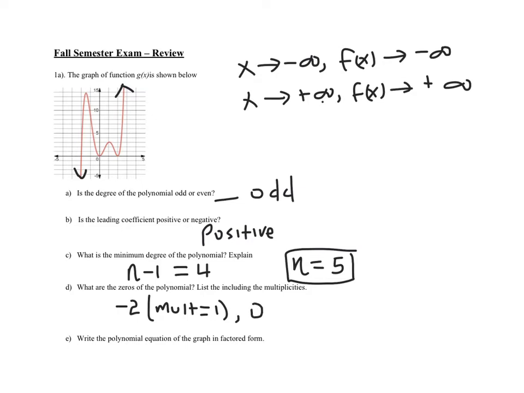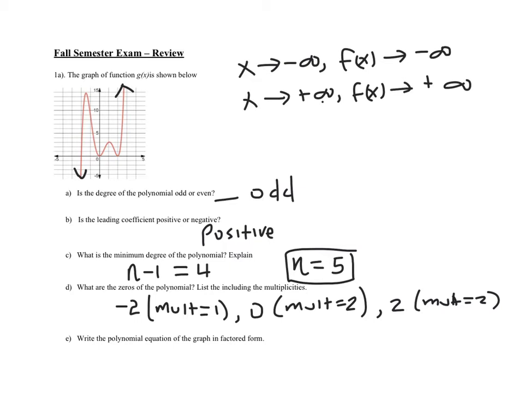And you can see at 0 it is touching and going back the same direction, so multiplicity is even. So I'm going to say 2. And then the next one is 2, and multiplicity is 2 because it is just touching and not crossing.